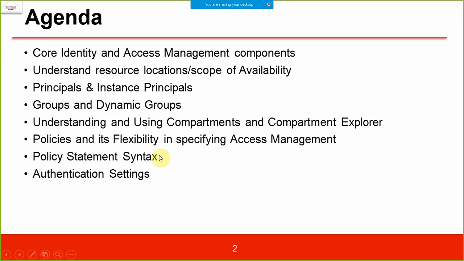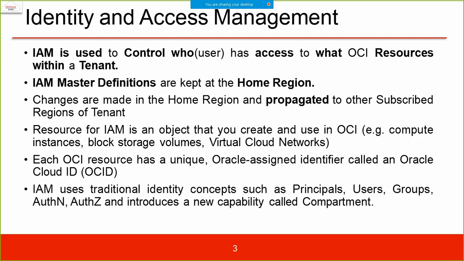Authentication settings, now you recollect there were a lot of authentication settings like SMTP, token, and private key concept. So we have different options and we saw them. Let's understand these things now. Every session will have a quick demonstration or identifying the screenshots and then understanding those things.